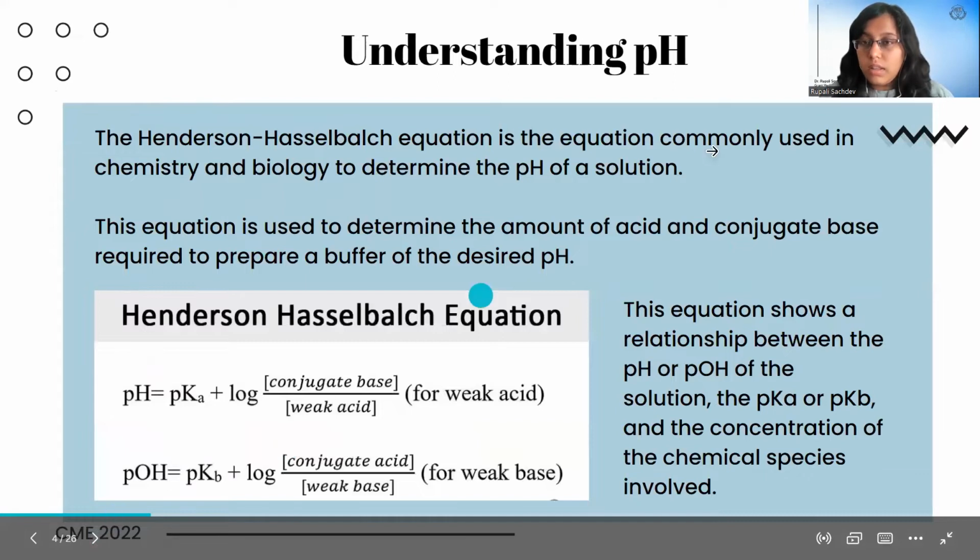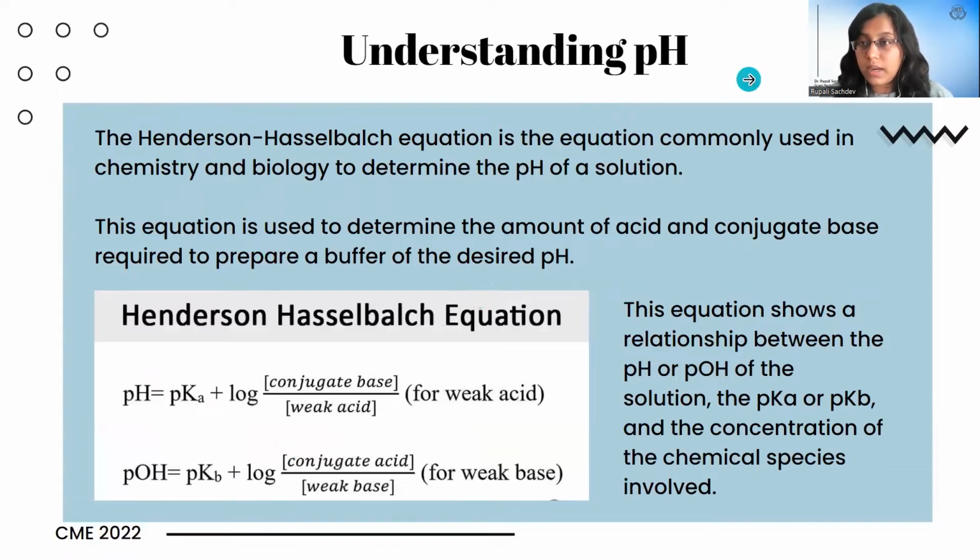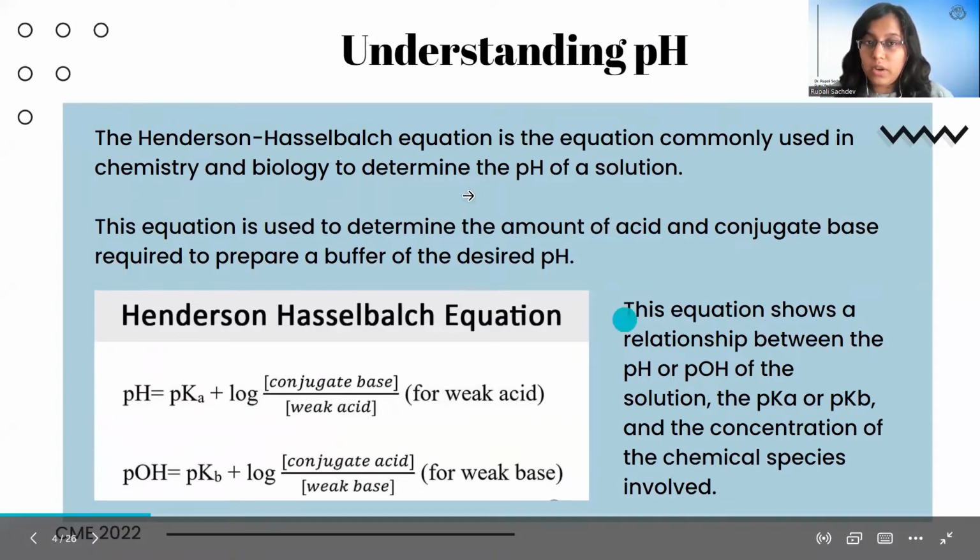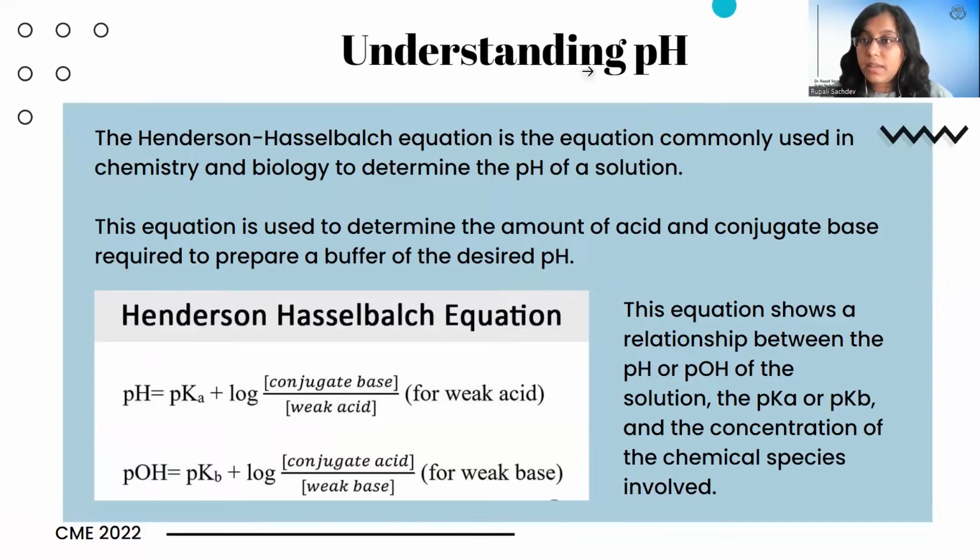Now, the basis of arterial blood gas analysis is pH. What we discussed before, when you're maintaining homeostasis, is you're maintaining the pH of the body. Now, how we determine the pH of any equation or any liquid is using the Henderson-Hasselbalch equation.